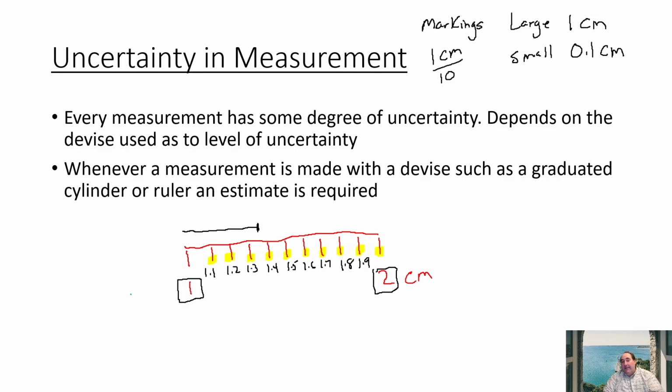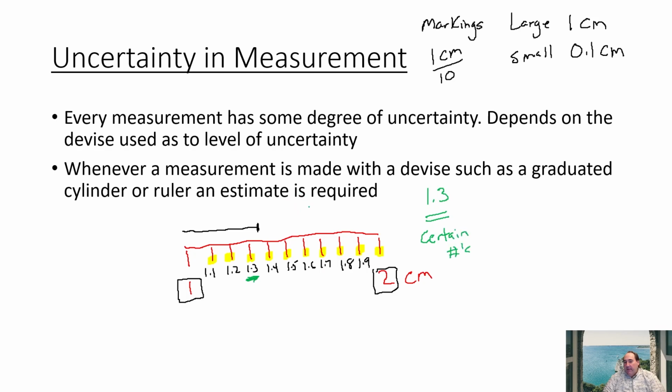No matter who looks at it, everybody should definitely agree it is at least this much. If we look at my example here, we could clearly see my line is at least 1.3, and we definitely would record that as 1.3. These numbers here are sometimes referred to as the certain numbers.